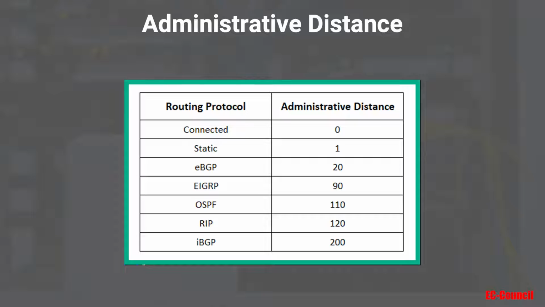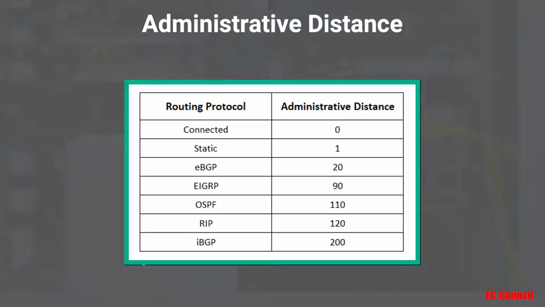So this means to say that, let's say for example we have a router, and let's call this router 1, and let's say we have a destination network. So let's put X here as our destination network. And let's imagine that there are two paths to the same destination network.